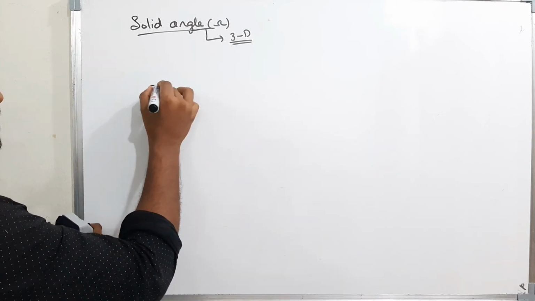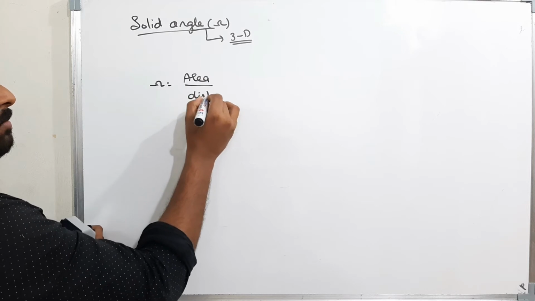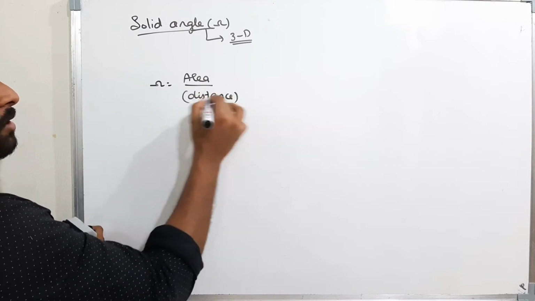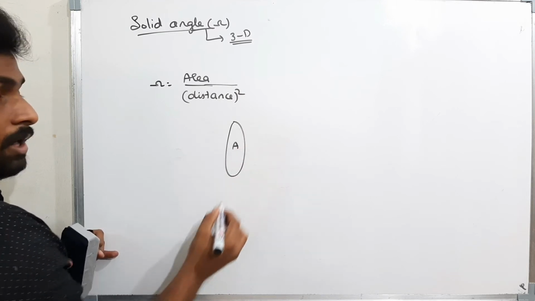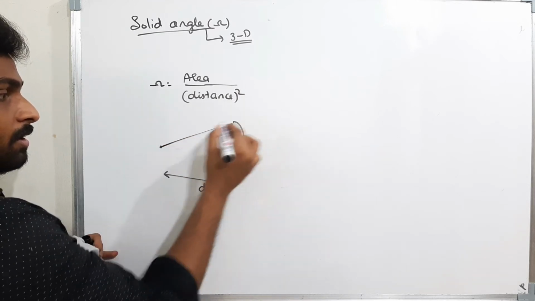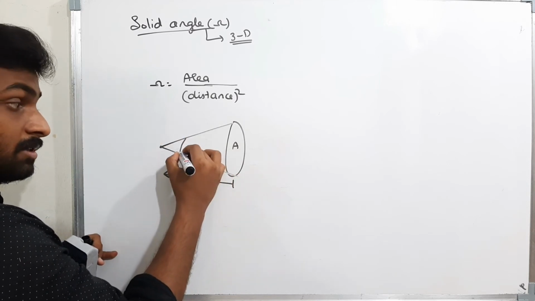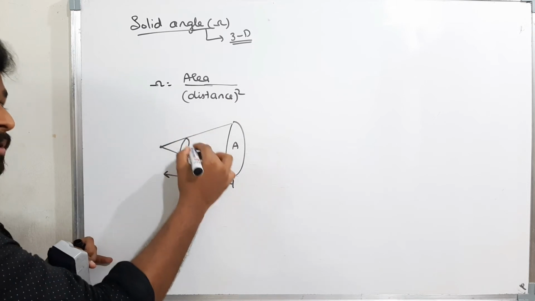Now this is given by the formula area of the body by distance whole square. This is the area of the body A and this is the distance D from the measuring point. Now the angle is a 3-dimensional angle. This is not 2-dimensional, it is a 3-dimensional angle.